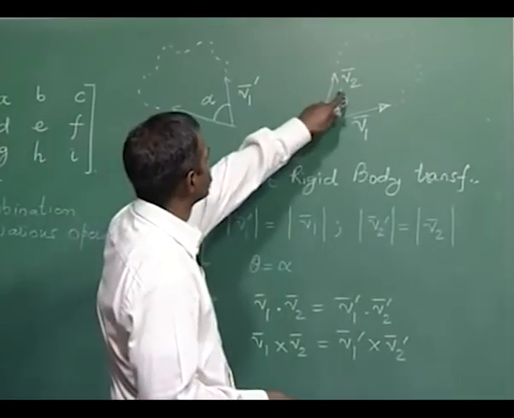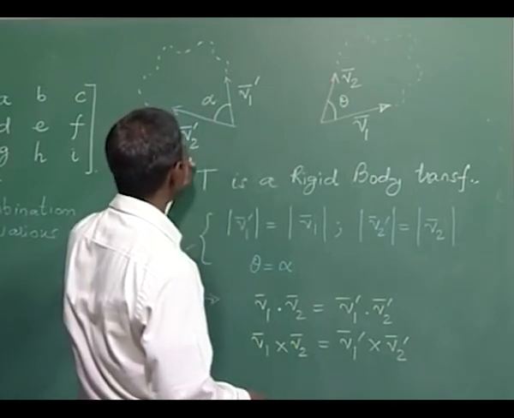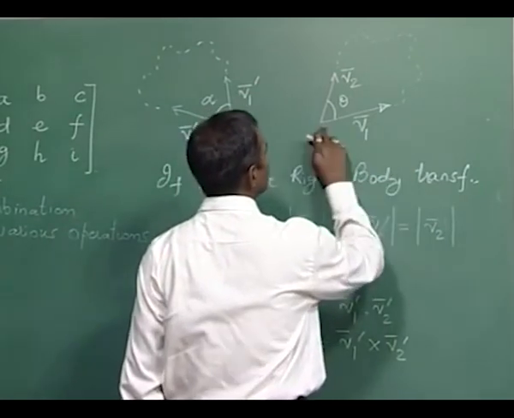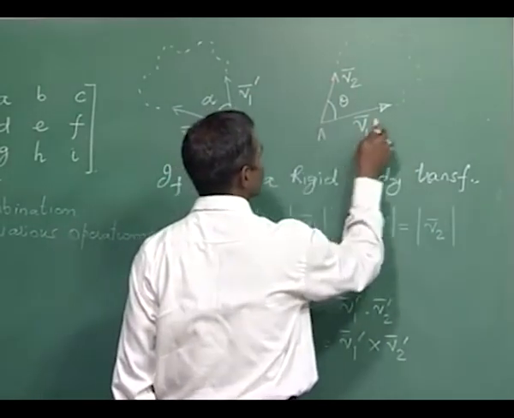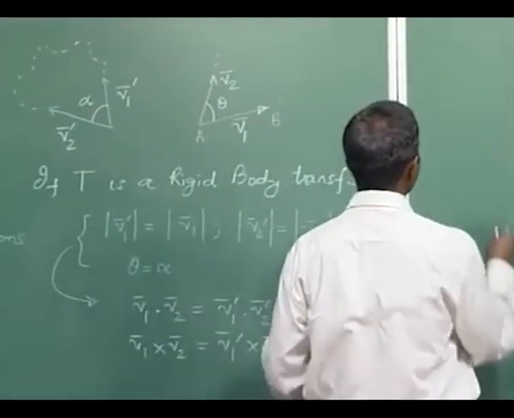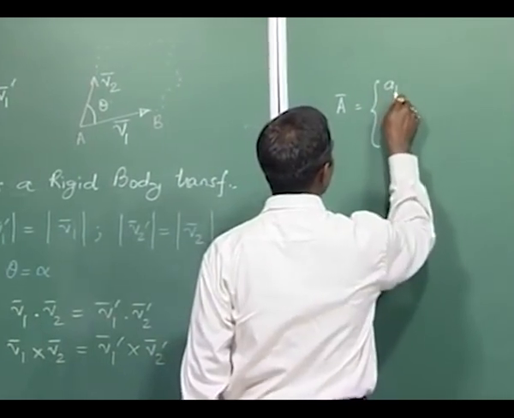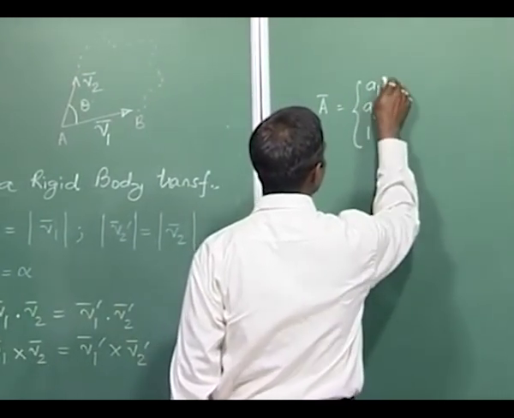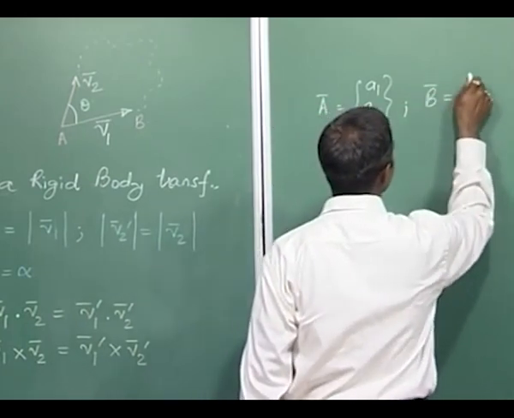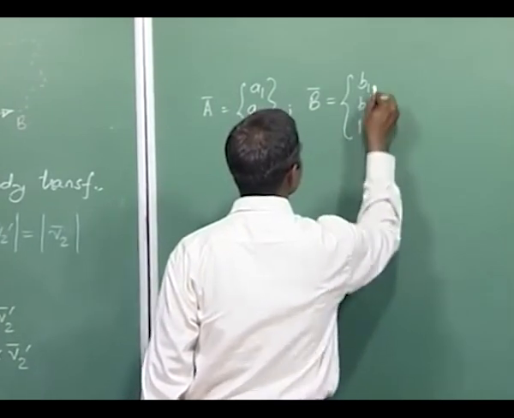A little note about these vectors V1, V2, V1 prime and V2 prime. Let me represent this vector here by 2 points A, B, and let's say the homogenized coordinates of A are A1, A2, 1, and those of B are B1, B2, 1.